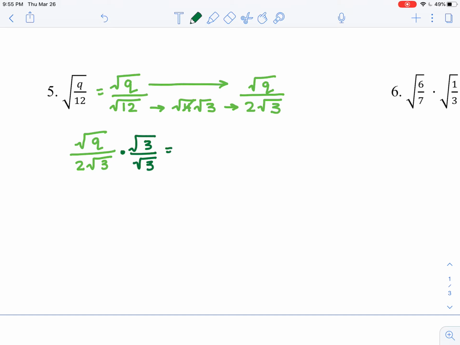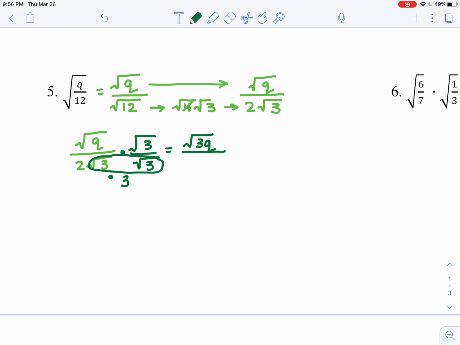In the numerator, underneath of the radical sign, we end up with 3q. In the denominator, when I multiply the square root of 3 times the square root of 3, I get a plain old 3. And when that plain old 3 pops out, it gets multiplied by the 2 that was already there.